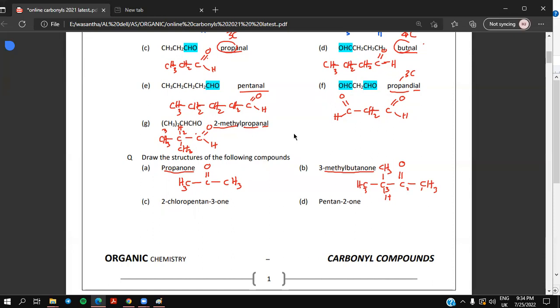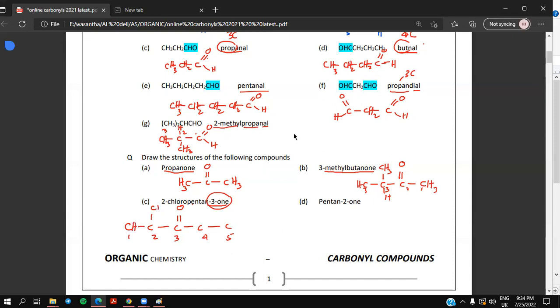And then 2-chloropentan-3-one. Pentan means 1, 2, 3, 4, 5. Because it's 3-one, I'll count from here. 1, 2, 3, 4, 5. 3-one means on the third carbon there's a double bond oxygen. 2-chloro means on the second carbon there's a chlorine atom. 2-chloropentan-3-one.